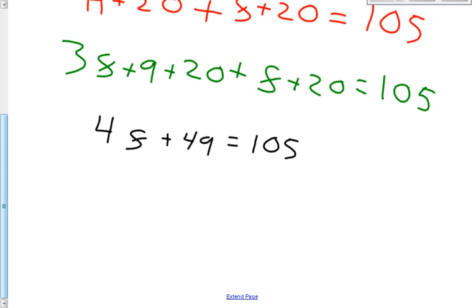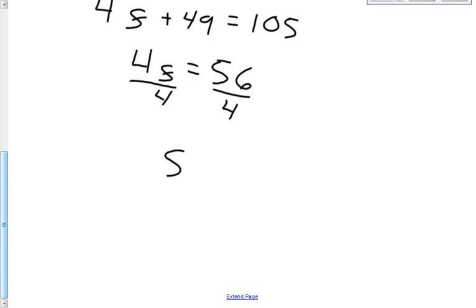And when we subtract 49, we get 56. 4s equals 56. And then we have to divide both sides by 4. And so when we divide both sides by 4, we get Sophia to be 14. Sophia is 56 divided by 4 is 14.